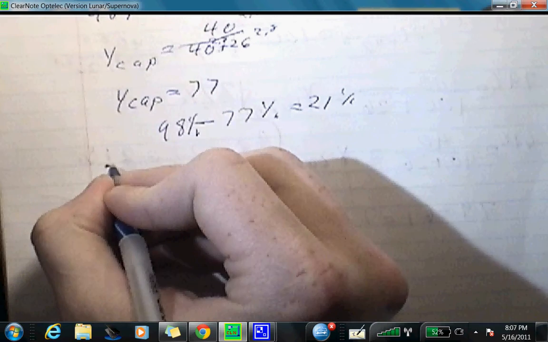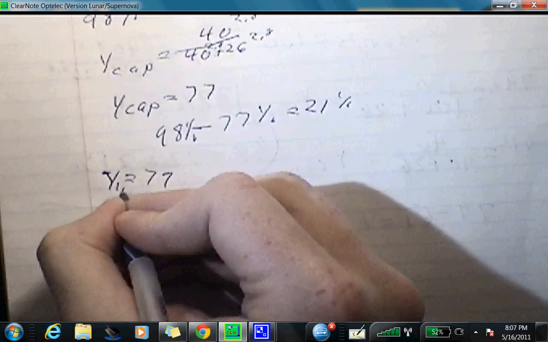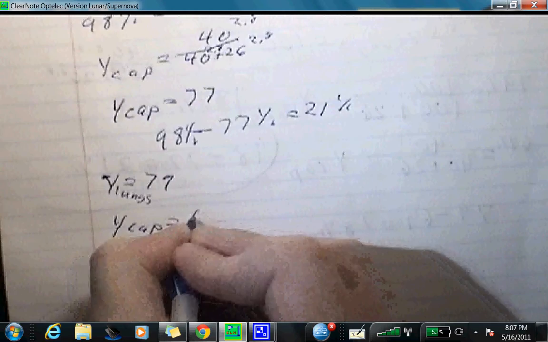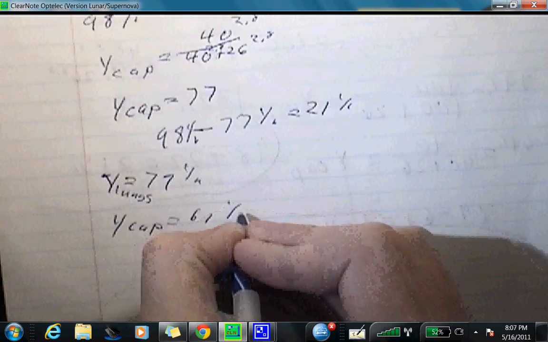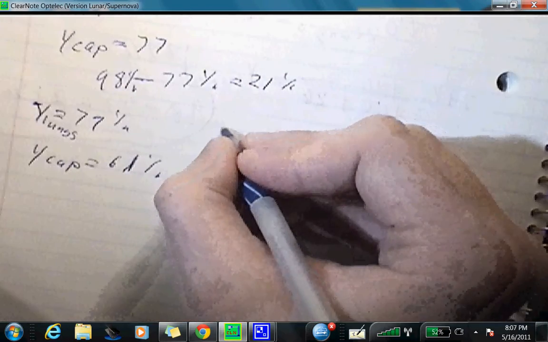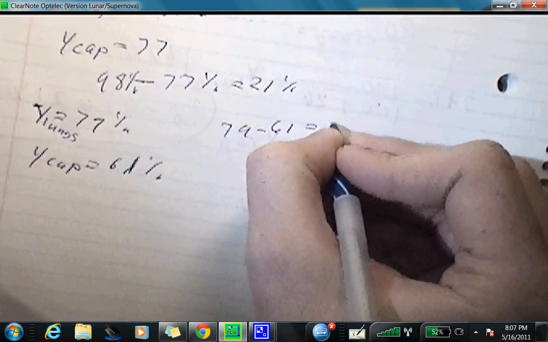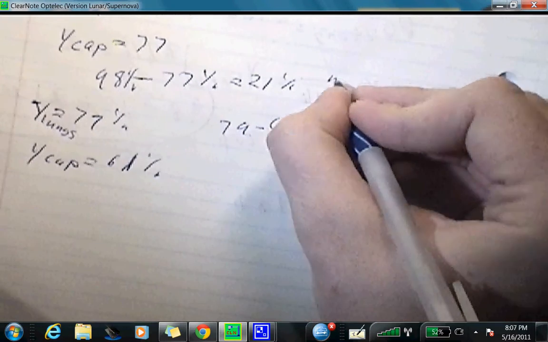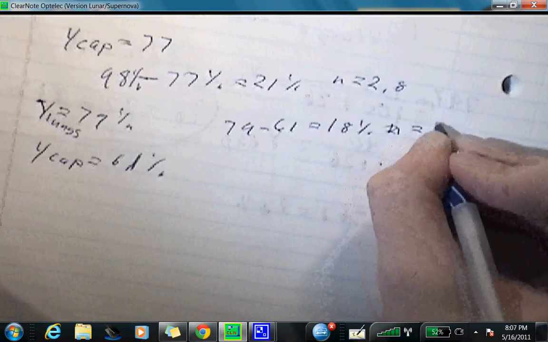And now your Y in the lungs is going to equal 79, and your Y in your capillaries is going to equal 61 after you do all the calculations. So your efficiency is going to be 79 minus 61, which is going to equal 18%. This is when it's working when N equals 2.8, and this is when N equals 1.